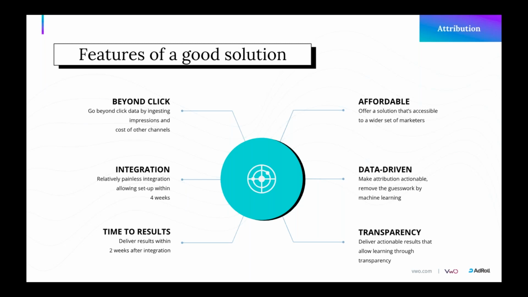Lastly, you want to get away from manual orchestration as much as possible, and make sure that what the data is showing you is helping you turn off or switch in ads as needed, but also that it's running on its own and really optimizing to take advantage of the platforms that are performing the best for your business. So those are going to be hugely important for you, and the features of a solution that are really going to help you understand your marketing attribution and where your dollars are being spent online.